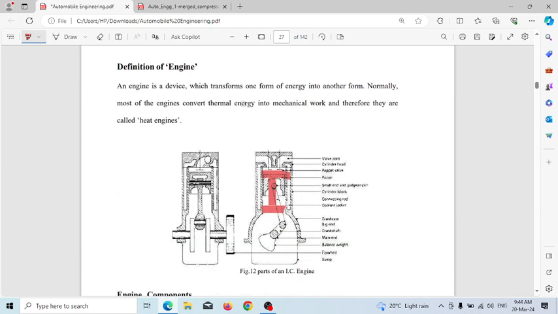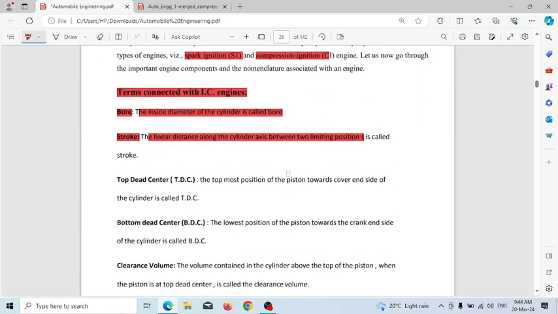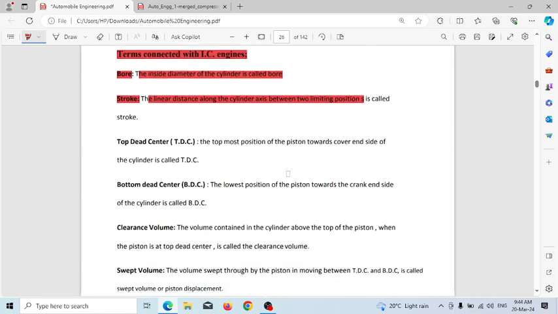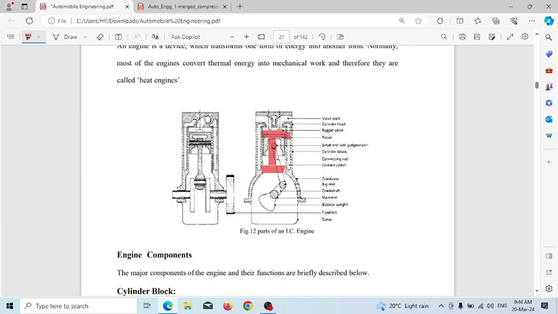The axial movement between inner dead center and top dead center is called stroke. Sorry, bore is the internal diameter of the engine. This is called bore, and the linear movement between inner dead center and outer dead center is called stroke.